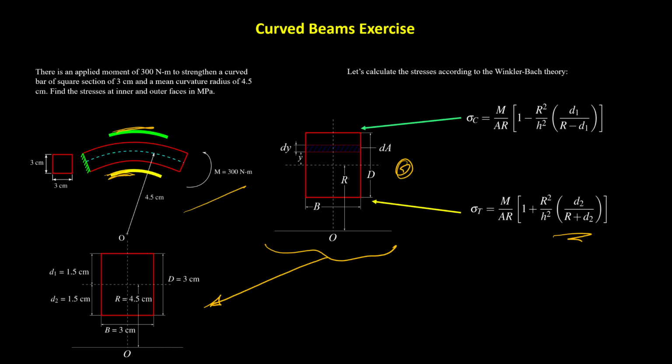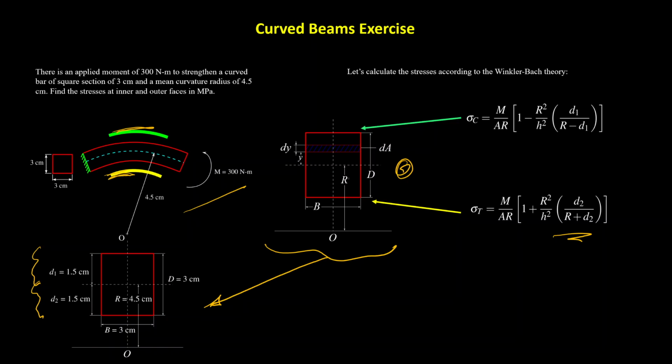These are D1 and D2. D1 is simply the distance from the mean radius of curvature to the top surface, and D2 is the distance from the mean radius of curvature to the bottom surface.